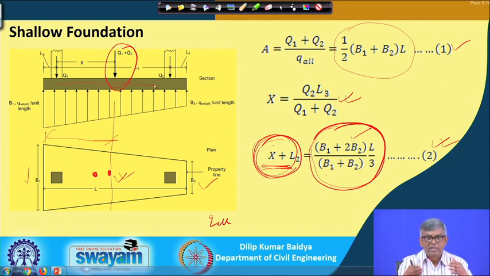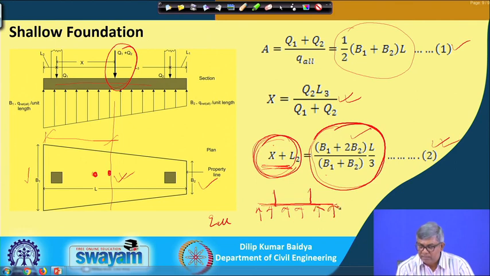In fact, I have missed one point. When you design a rectangular footing also, once you get the length, with one column here, another column here, and contact pressure below, it is like a simply supported beam with this type of uniform loading.